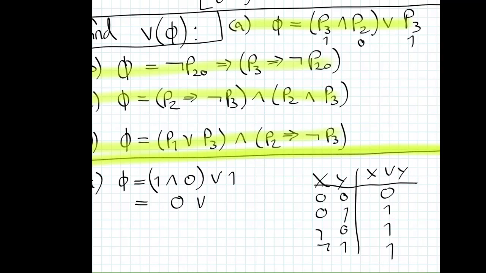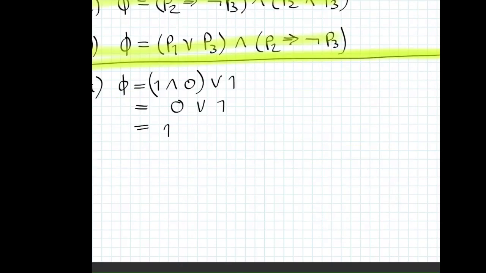So we have 0 disjunction 1, which equals 1. Right? Because 0, 1 here equals 1. So that's A done. Let's move on to B.